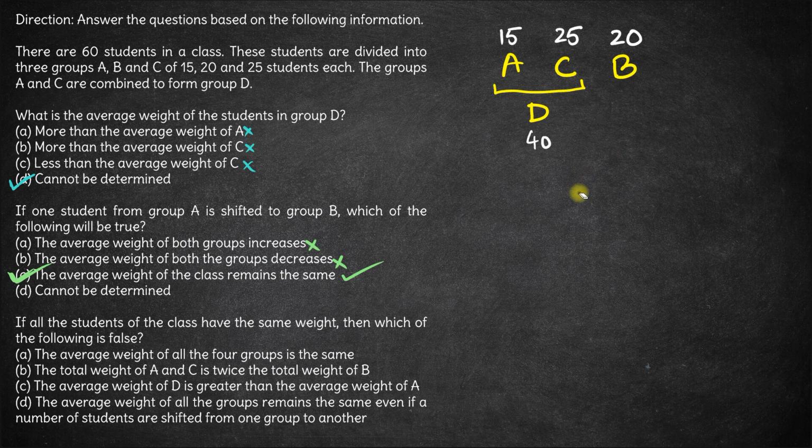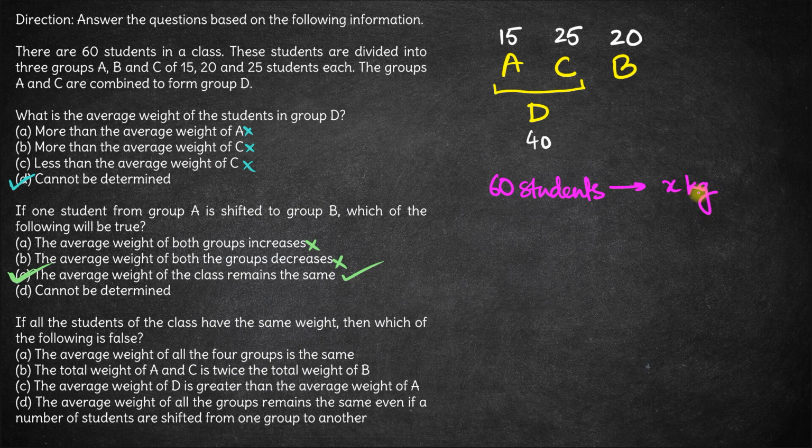Now let us look at the last question in this set. If all the students of the class have the same weight, then which of the following is false? So we know the average weight of all the students is the same. There are 60 students and the weight of each student is, let's say, x kg.